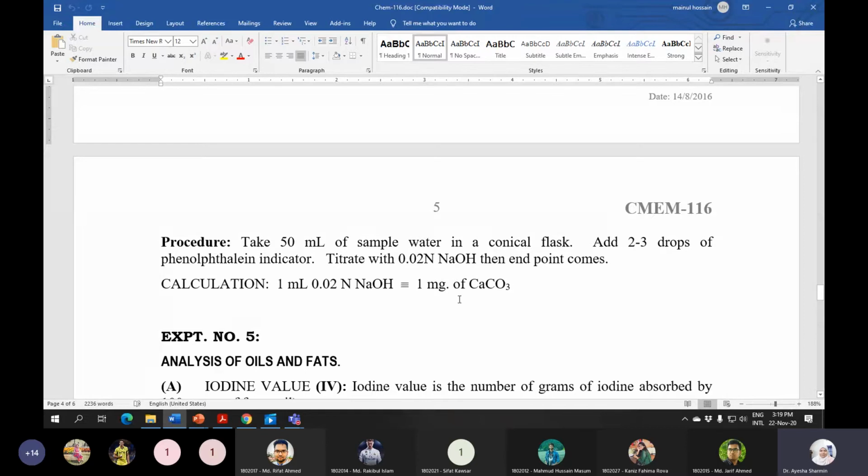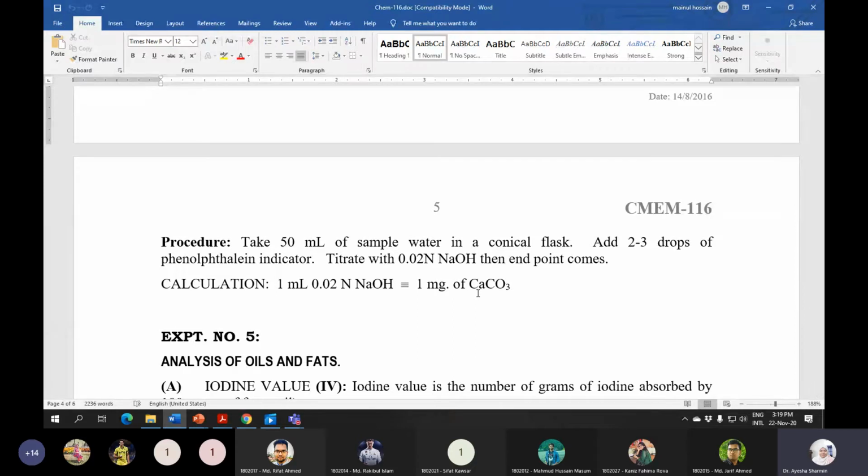The carbon dioxide also gets dissolved in the water and forms hydrogen carbonate. So it can have a buffer system, either carbonic acid and hydrogen carbonate, or hydrogen carbonate and calcium carbonate. So that's why we are doing all of this calculation in terms of calcium carbonate. Is it clear now?